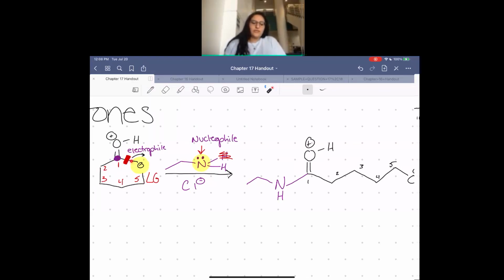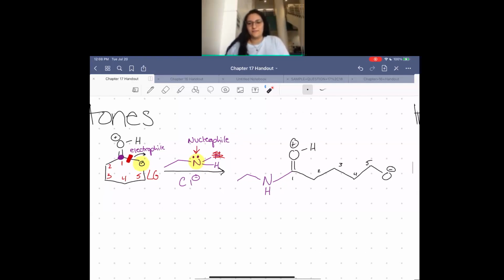So if you only break this bond, this oxygen isn't just going to go away. This is going to break open and the oxygen is left on carbon 5. So it's a leaving group because it detaches from the carbonyl carbon, but it hangs on the other side.